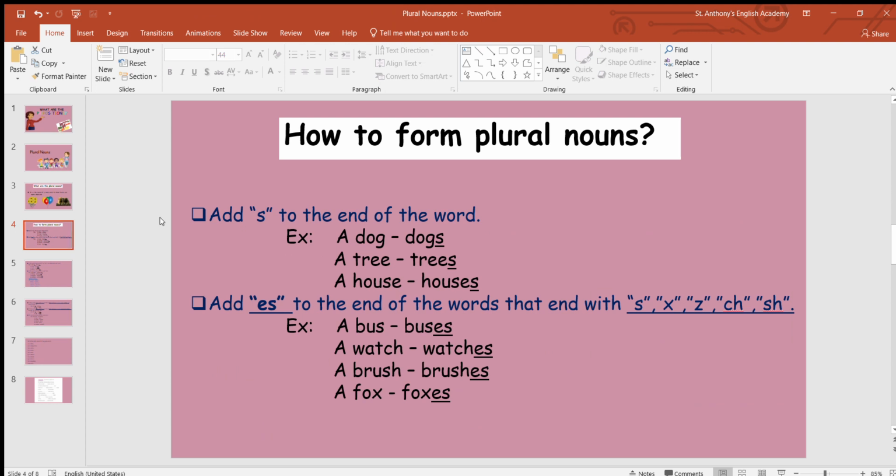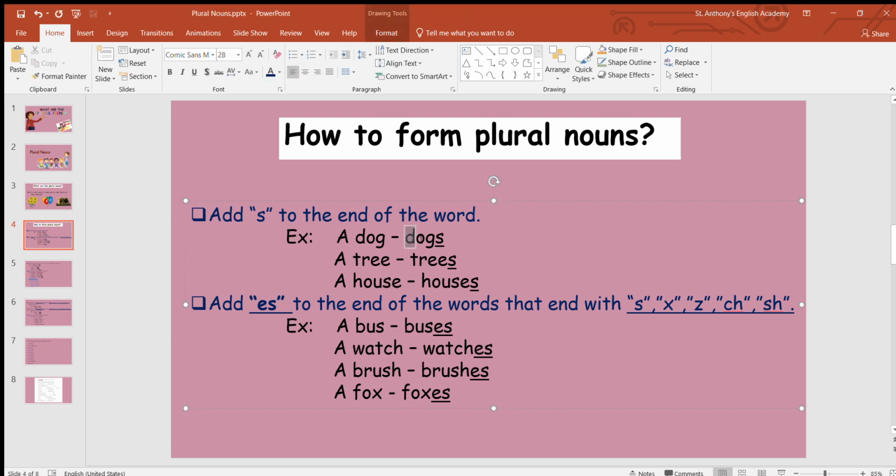First, the easiest way is we can add S to the end of the word. Look at the examples. A dog. A dog means only one. It's a singular noun. If we want to form a plural noun, you can add the letter S. Then what is the plural noun?